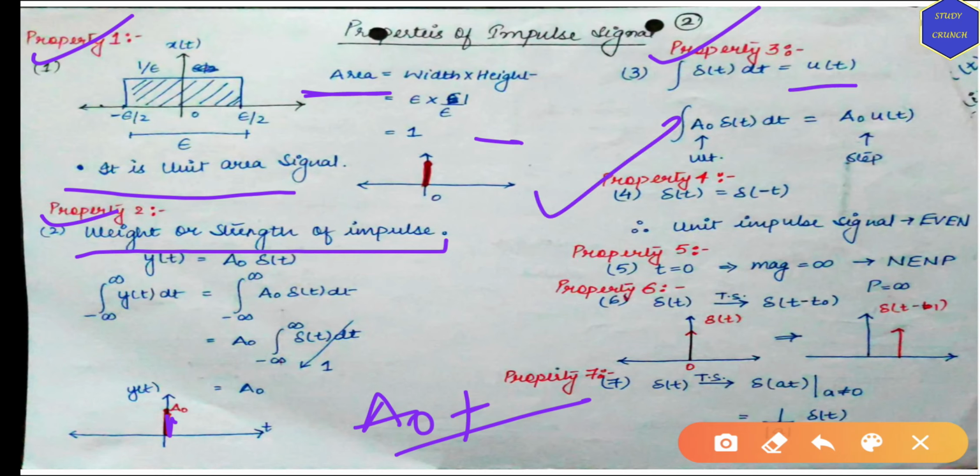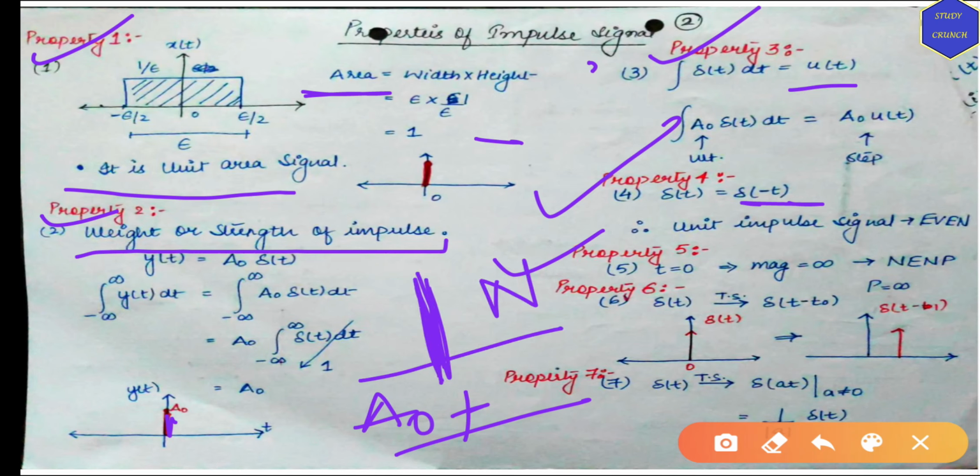Property number 4, delta t is equal to delta of minus t, that is the time reversal signal. If it is time reversal, then it will be an even signal. So remember, if we time reverse the impulse signal, it will be an even signal. Property number 5, at t equal to 0, the magnitude is infinity. So this will keep on increasing.